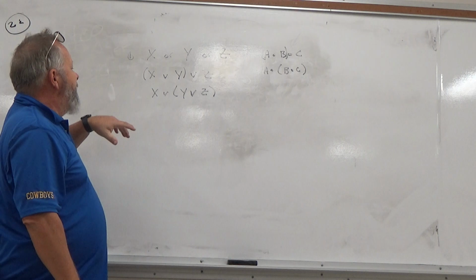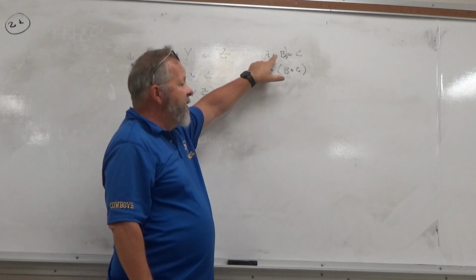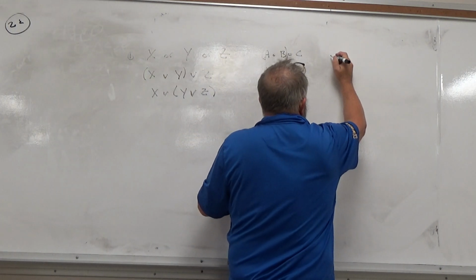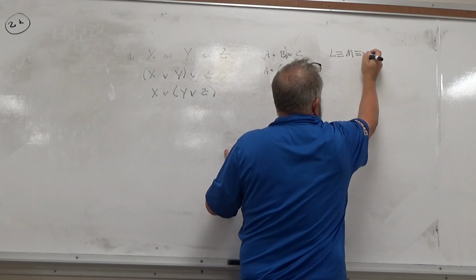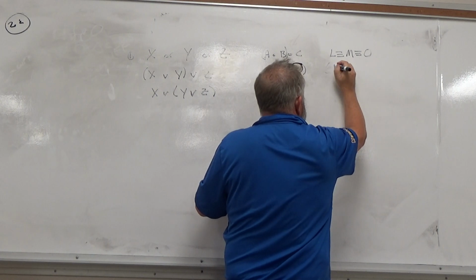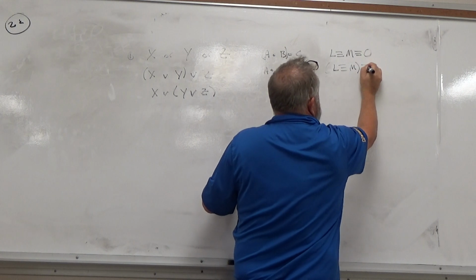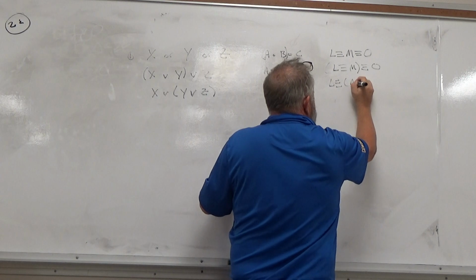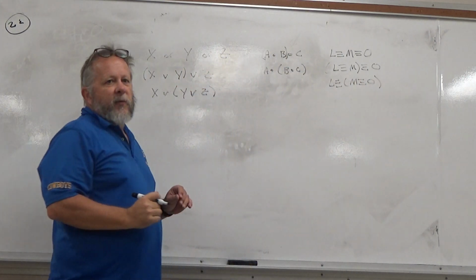So notice I've said you can do it with disjunctions and conjunctions. You can also do it with biconditionals, L if and only if M if and only if O. That is logically ambiguous, so arbitrarily we could do this. Now it's a well-formed formula, or we could do this. We must do one of these two to make it a well-formed formula.